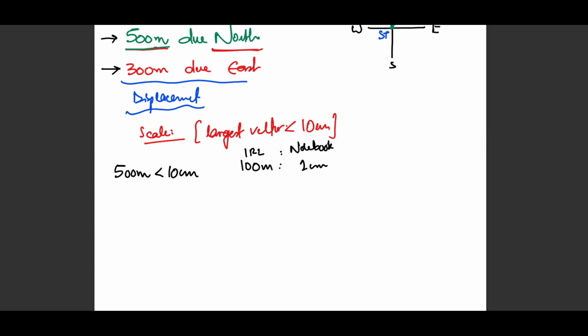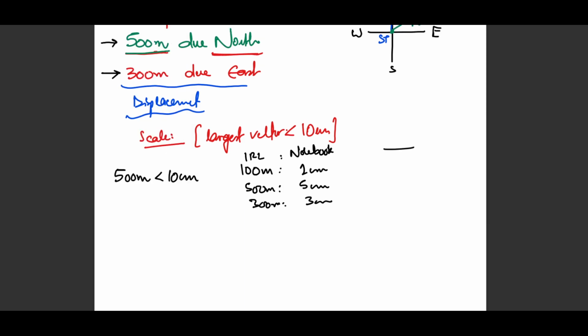So if I draw 1 centimeter on my notebook, it represents 100 meters in real life, right? If this is 500 meters, then it's very easy to see that it's going to be 5 centimeters. And 300 meters would be 3 centimeters.